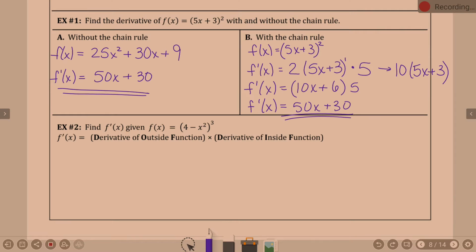Okay, ready to try example 2? Example 2, given f of x is 4 minus x squared quantity cubed. We're being asked to find f prime. Now, notice she has it written out here, derivative of the outside function times derivative of the inside function.